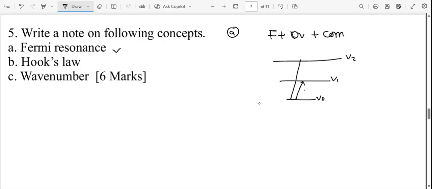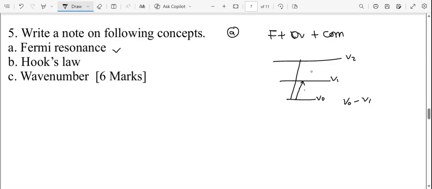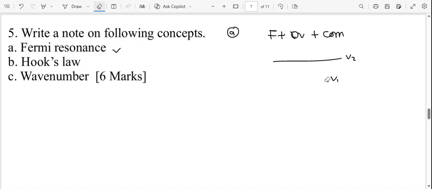So the first is the fundamental vibration, V0 to V1. This is the only fundamental. The last are overtones: first overtones, second overtones, third overtones, and so on. We will be defining or describing them like that. So that is it about the fundamental. The reason why they are combining is to increase the intensity.